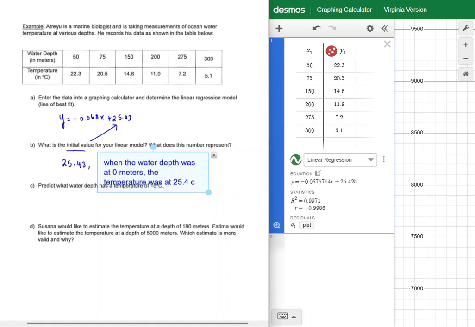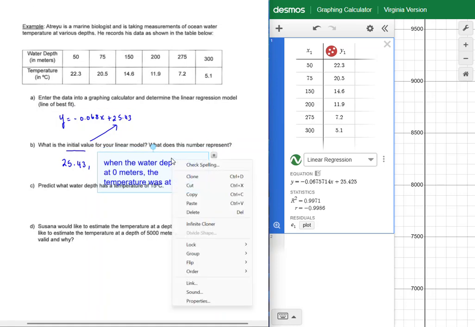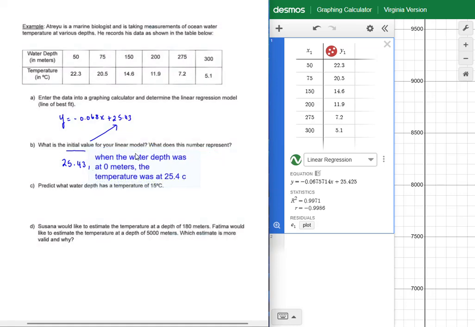Okay, all right, the next one says, predict what water depth had a temperature of 15. Now notice that the temperature is the y value, so we have to be very careful here. The water depth is your x value, and your temperature is your y value. So the temperature is at 15.